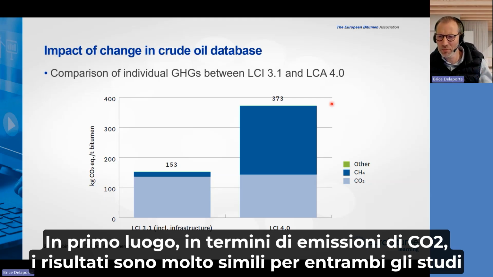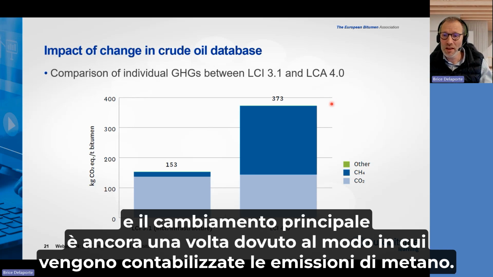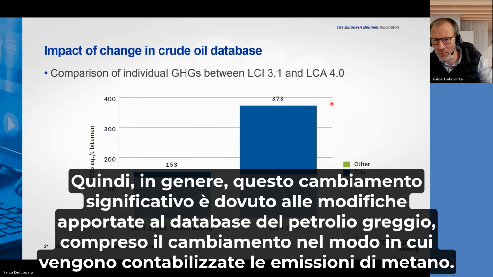First, in terms of CO2 emissions, the results are very close for both studies. And the main change is due once again to the way of accounting for methane emissions. So typically, this significant change is due to the change in the crude oil database, including taking into account the methane emissions.